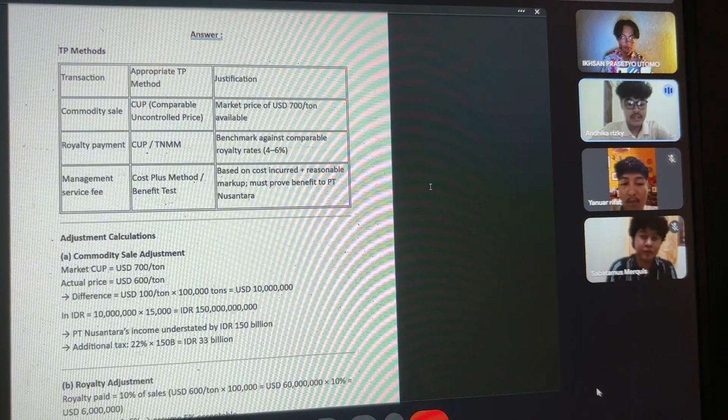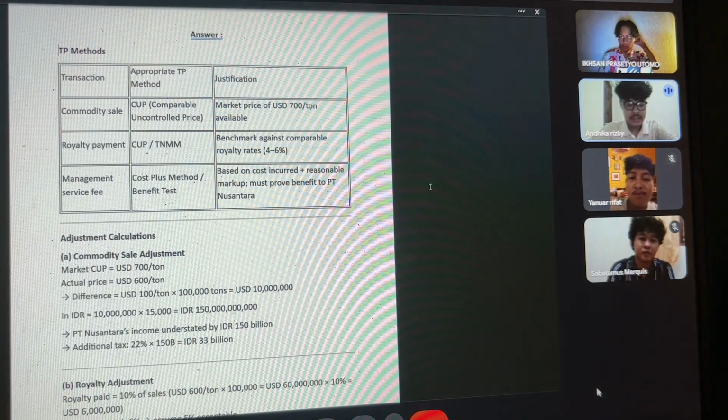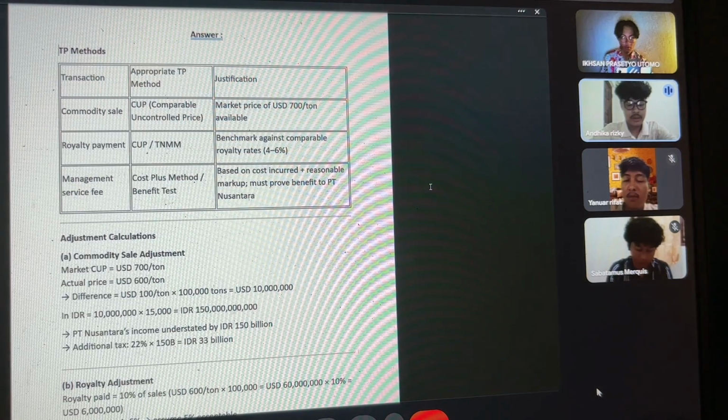The justification is that a market price of $700 per ton is available. The second transaction is royalty payment, and the appropriate transfer pricing method is CUP or TNMM. The justification being the benchmark against comparable royalty rates of 4% to 6%.